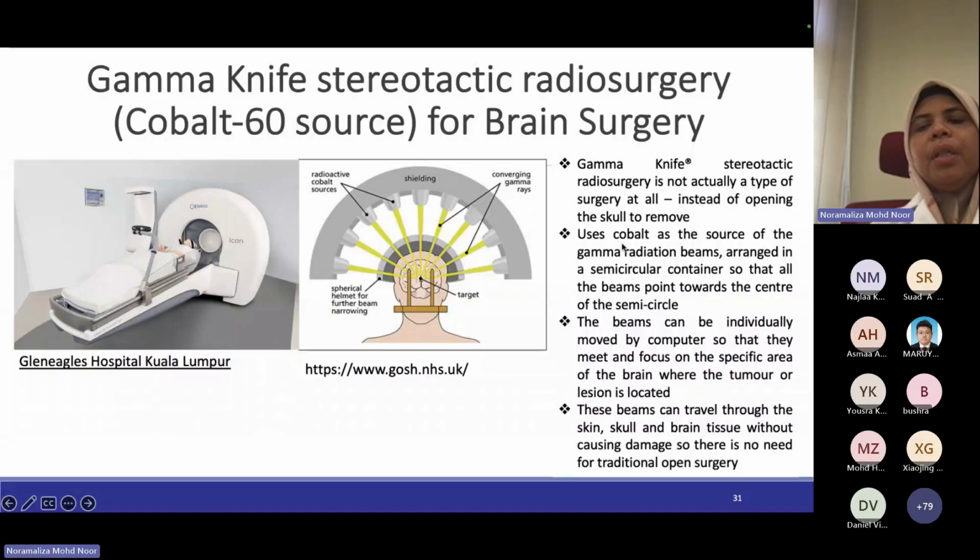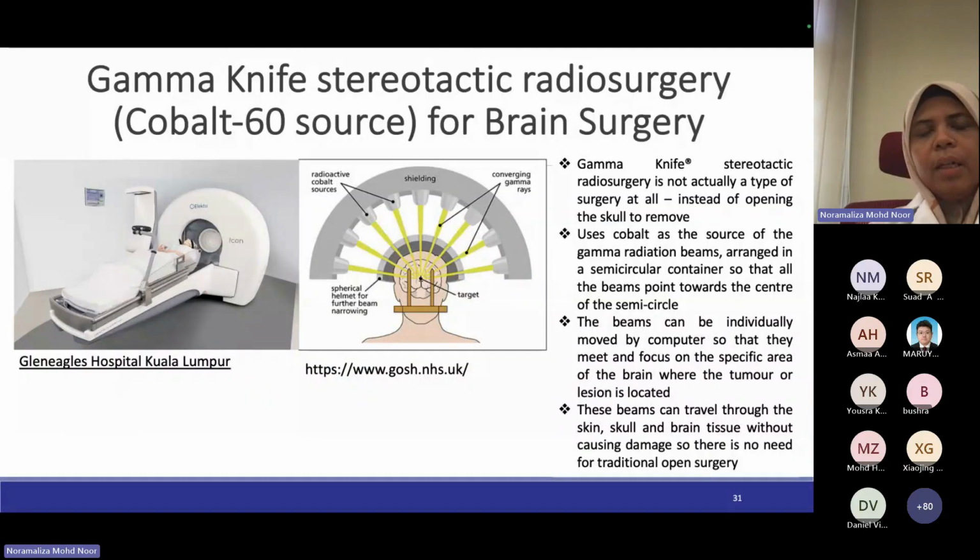That's why we use cobalt-60 as the source of the gamma radiation beam, which we arrange in a semi-spherical container so that all the beams point towards the center of the circle.